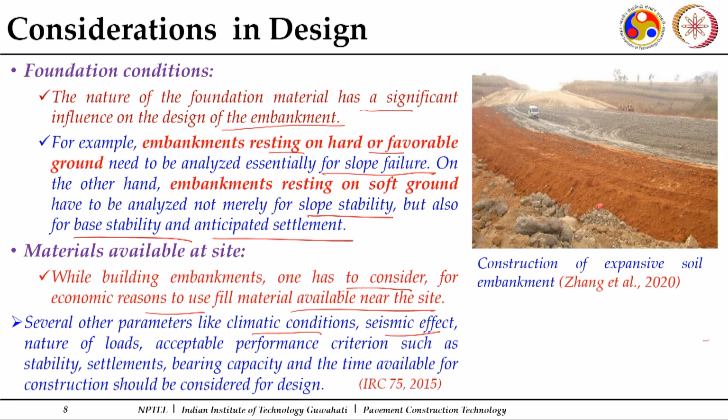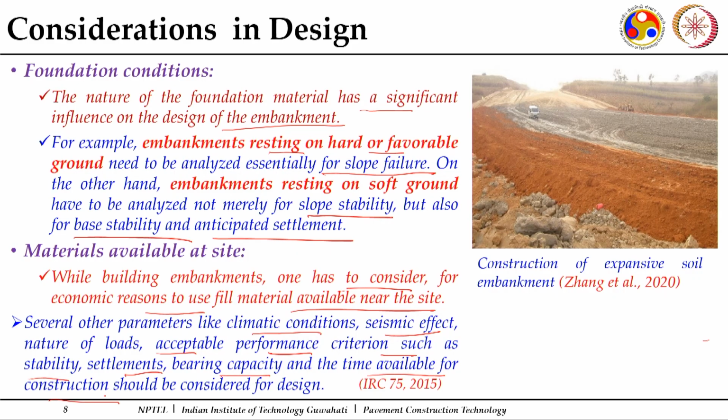Even seismic effect is there when you construct roads in hilly regions. This is again one concern. Then the nature of loads and the acceptable performance criteria. If it is a national highway, the acceptance criteria will be much stricter and higher. Then settlements, what type of settlements, bearing capacity, and time available.